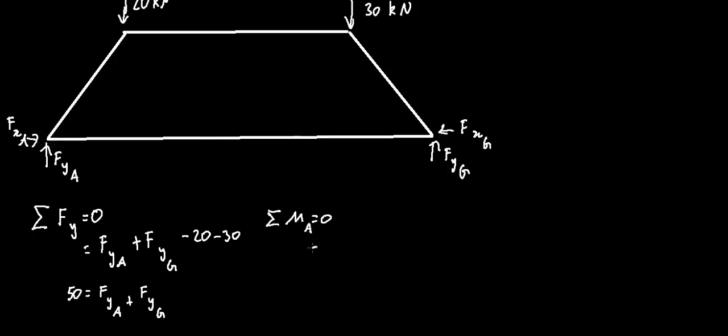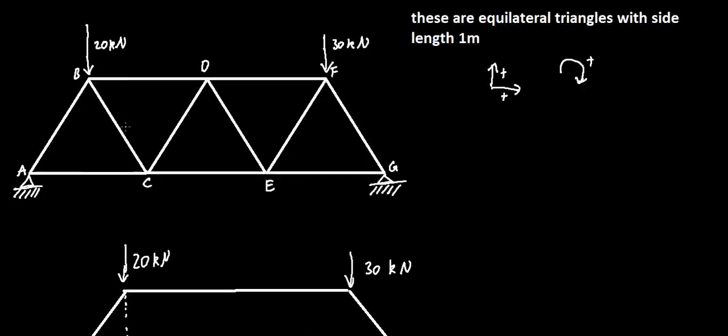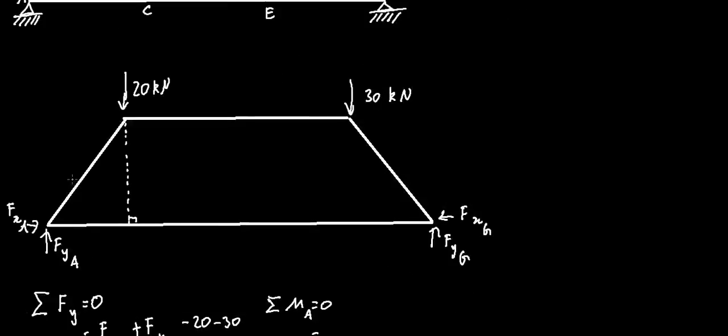So what forces do we see here? We have 20 kilonewtons. We project it down here, at a right angle. And what's this distance? Because moment, or rotational force, is equal to the linear force multiplied by the distance. Each equilateral triangle has a side length of 1 meter, and this is a 60-degree triangle, so you can already tell this is half the length, 0.5.